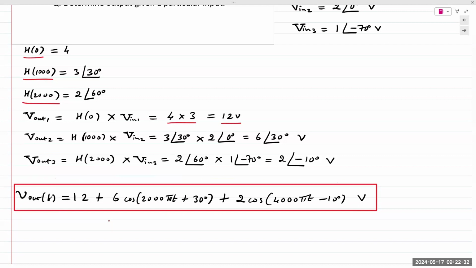There's no function of frequency. 6 angle 30 becomes 6 cos of 2000 pi t plus 30 degrees. Frequency does not change. And V out 3 is 2 cos of 4000 pi t minus 10. Again, different frequencies. If your components have different frequencies, you cannot add them. And so your final answer will also be in 3 components.